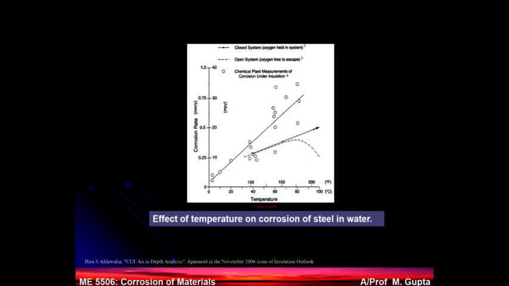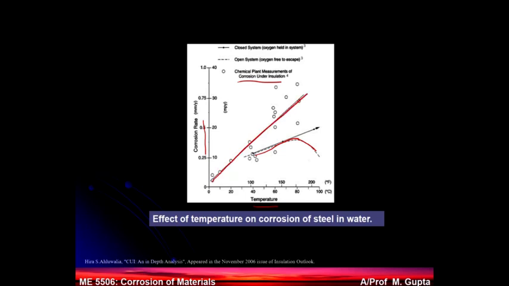Again, you have the temperature here and you have the corrosion rate here. And you see that with increase in the temperature, in the open system, the corrosion is going up and slowing down. And if you look at the chemical plant, corrosion under insulation, you can again see that the rate of corrosion is going straight up.